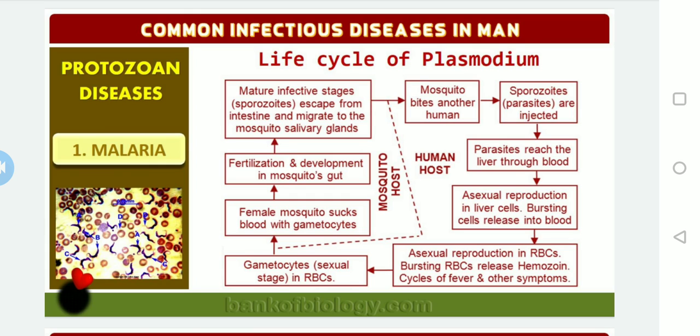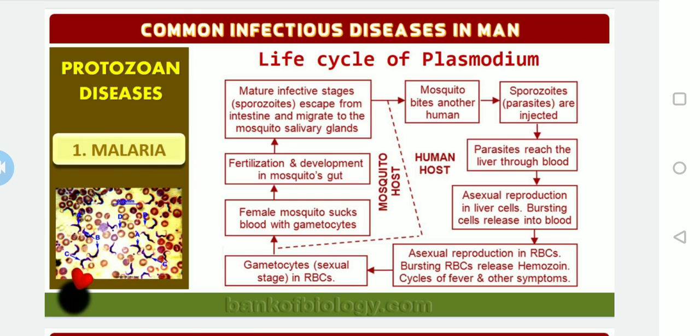There is a release of a toxic substance called hemozoin from the ruptured RBCs, which is responsible for the chill and high fever recurring every 3 to 4 days. In the next stage, from the infected human, the parasites enter the body of the Anopheles mosquito during biting and blood sucking, and further development takes place in the mosquito.